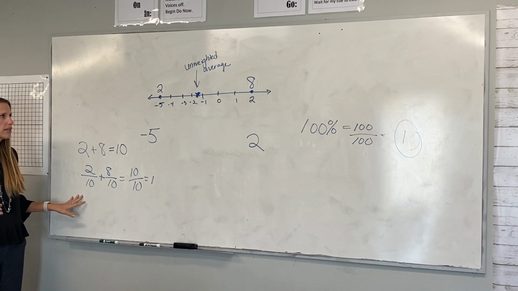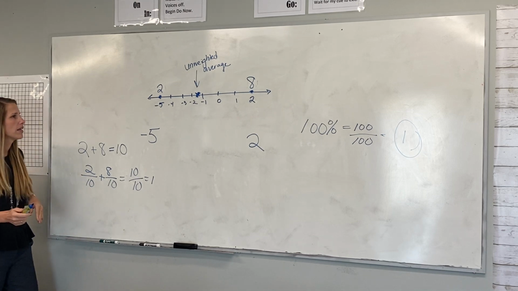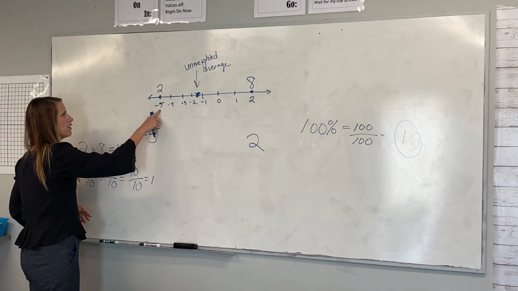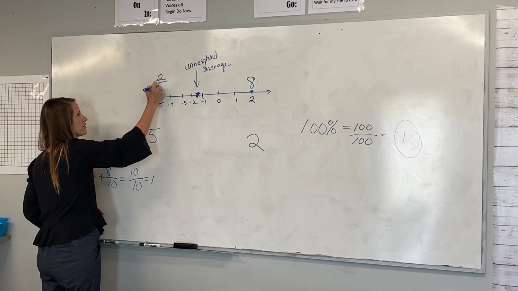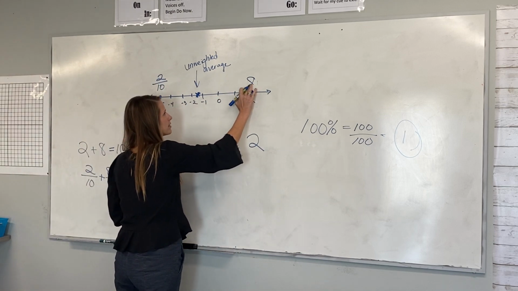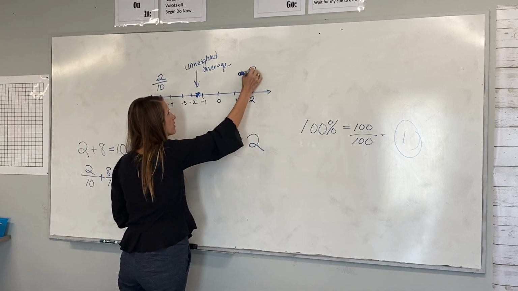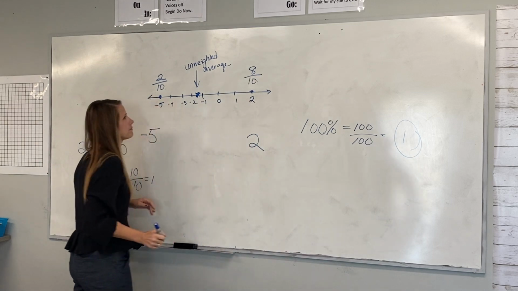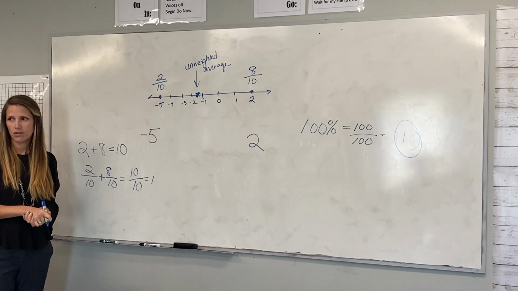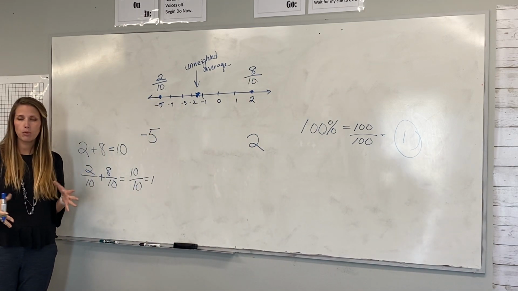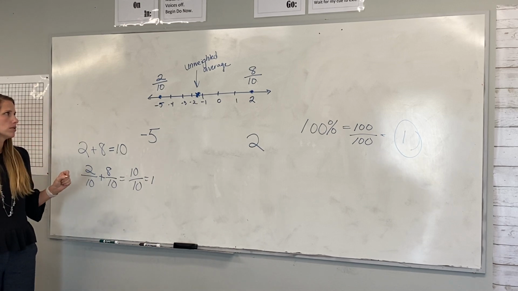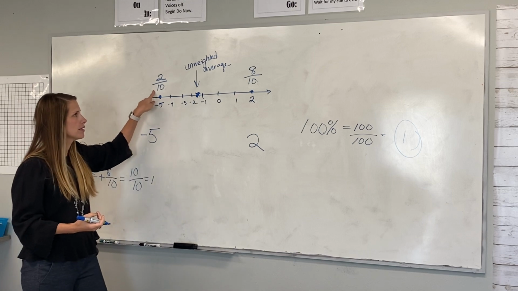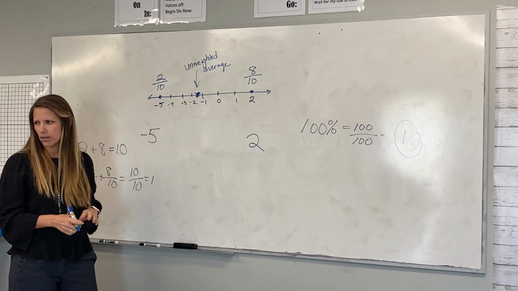So do you agree that we can say that the weight of this -5 is 2 out of 10, and the weight of this 2 is 8 out of 10? Because 10 out of 10 would be the whole weight. Broken down, this would be 2/10, and this would be 8/10. Do you guys understand that?